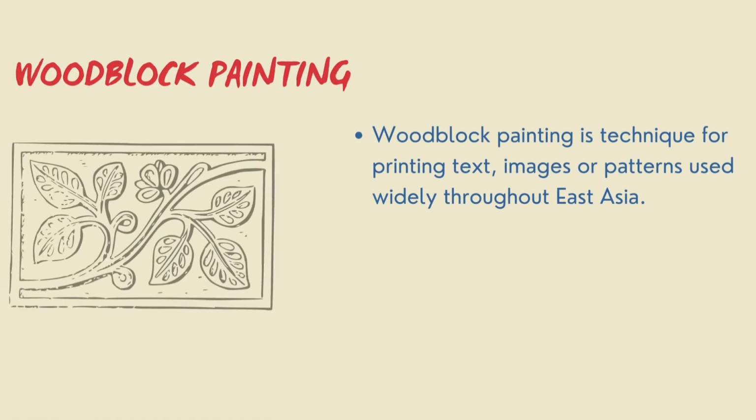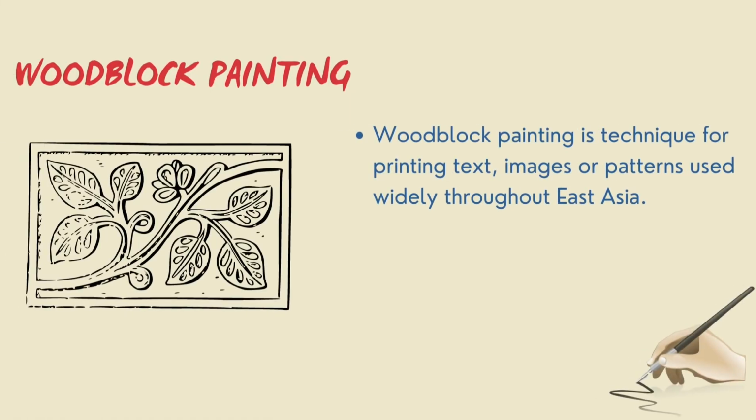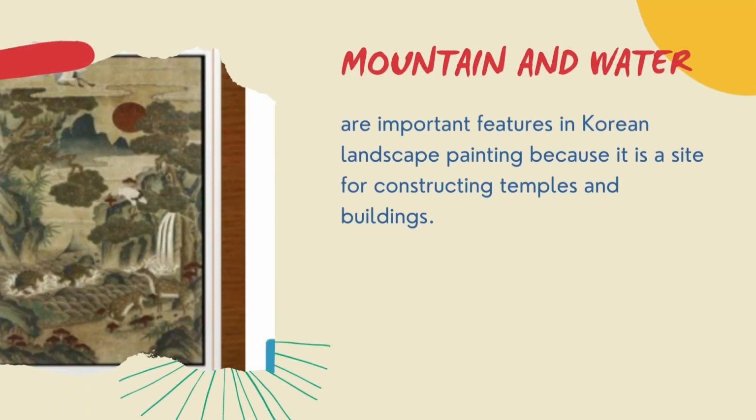Okay, next, we also have block printing. It's a technique for printing text, images, or patterns used widely throughout East Asia. It became one of the oldest and most highly developed visual arts. The history of Korean painting dates to 108 CE, when it first appears as an independent form.